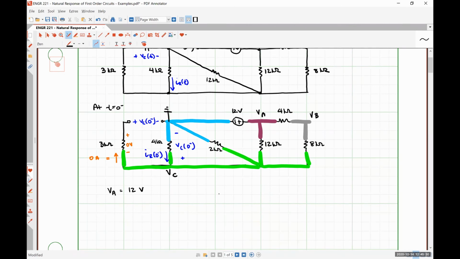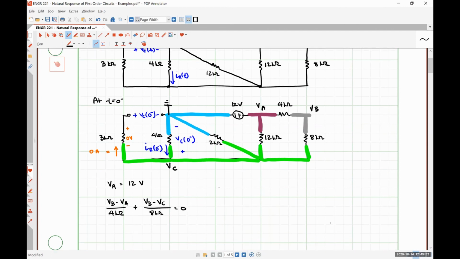If we perform Kirchhoff's current law at node B, we are going to have VB minus VA over 4 kilo ohms plus VB minus VC over 8 kilo ohms is equal to 0.